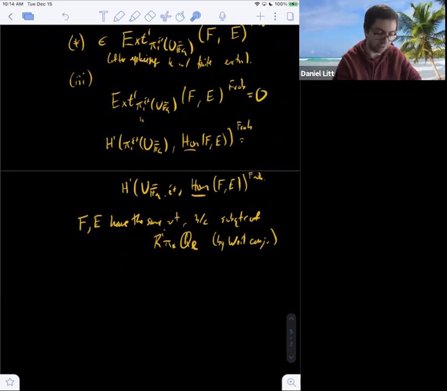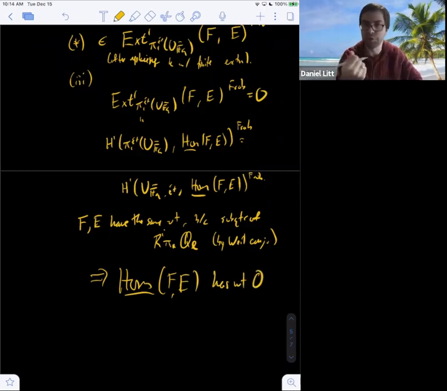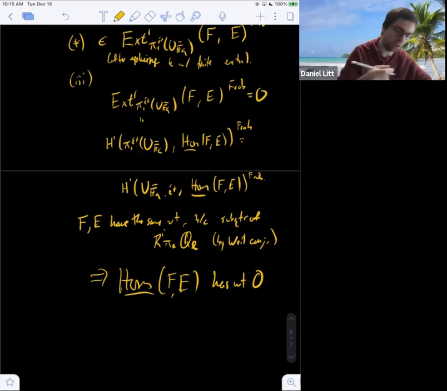So F and E both have weight i. So this implies that Hom FE has weight 0. Because it's like F dual tensor E, and so the eigenvalues are like something of absolute value q to the minus i over 2 times something of absolute value q to the i over 2. So that has absolute value 1, which is what it means to have weight 0.